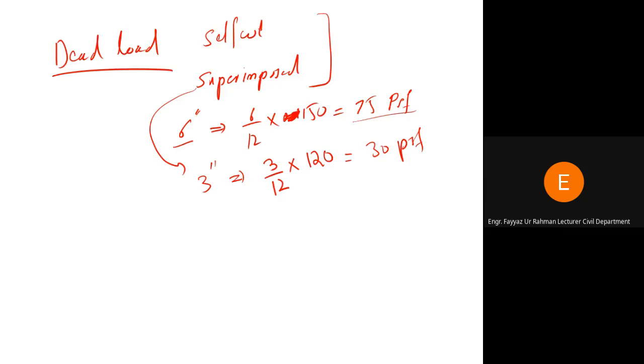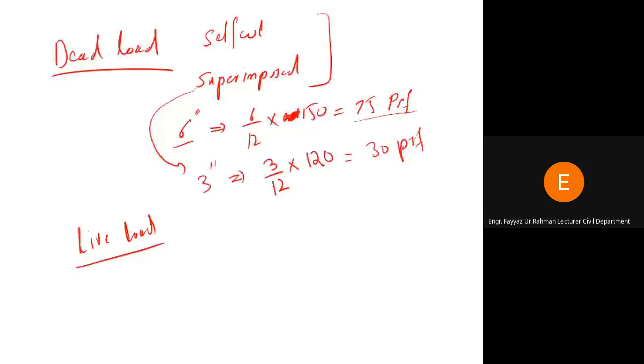Clear? However, the live load, on the other hand, is not a deterministic load. You cannot calculate the live load with high degree of accuracy. For any structure, the variation in the live load is very high. So you can determine the live load probabilistically. It is a probabilistic load, not deterministic. So ACI will provide you the values directly.